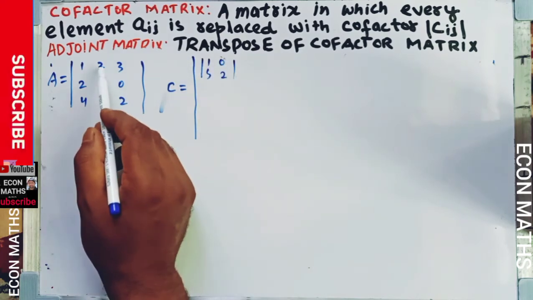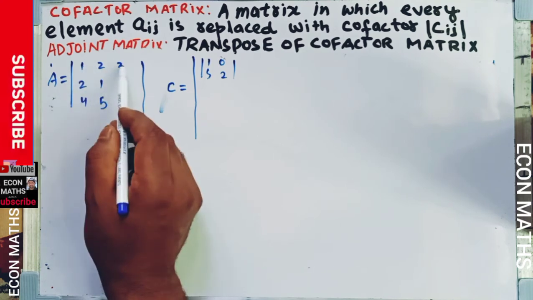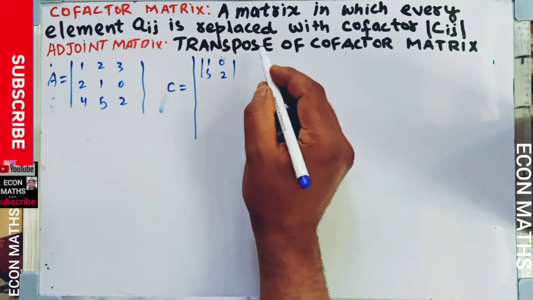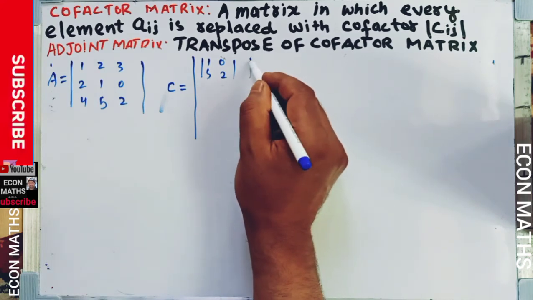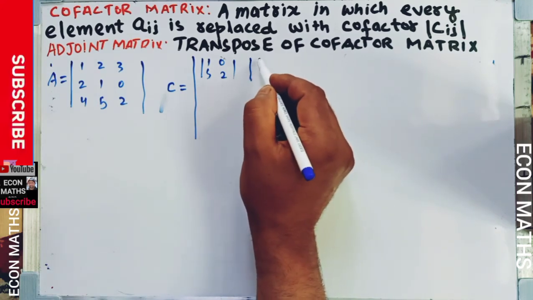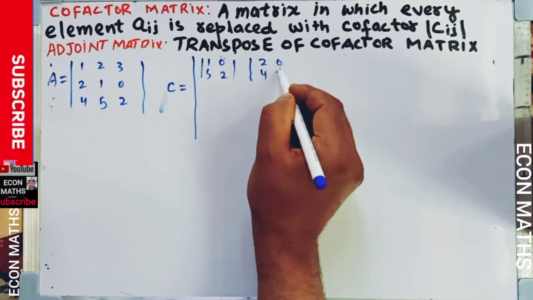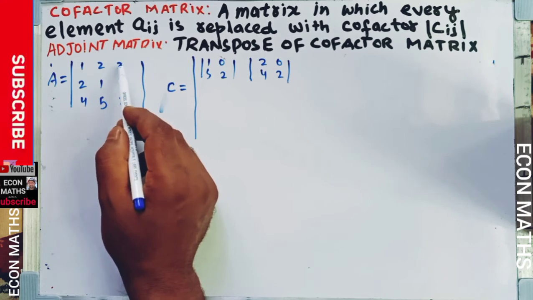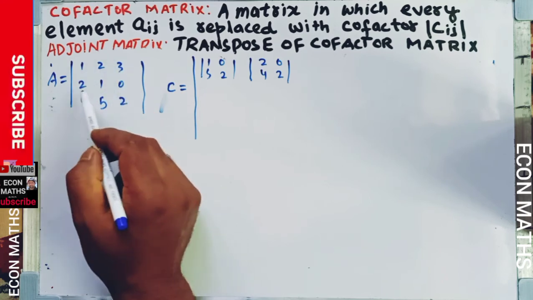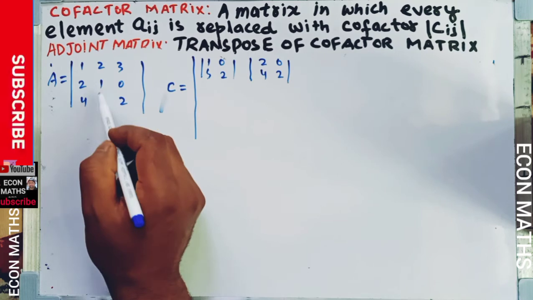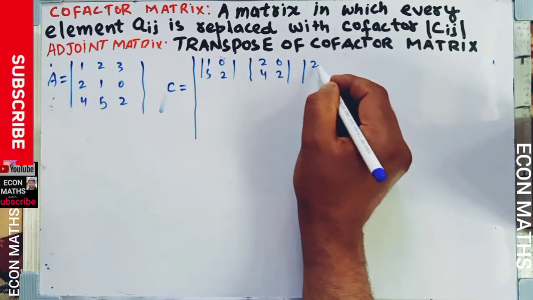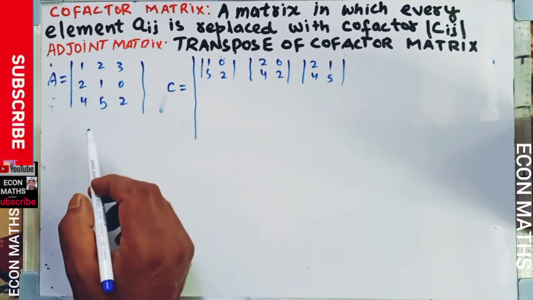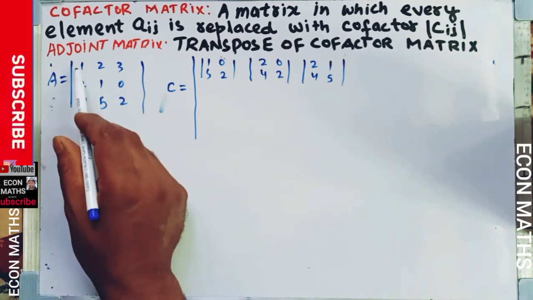Similarly, for the 2 here, delete its row and column, we get 2 0, 4 2. Similarly, for the third element, delete the row and the column in which it appears.